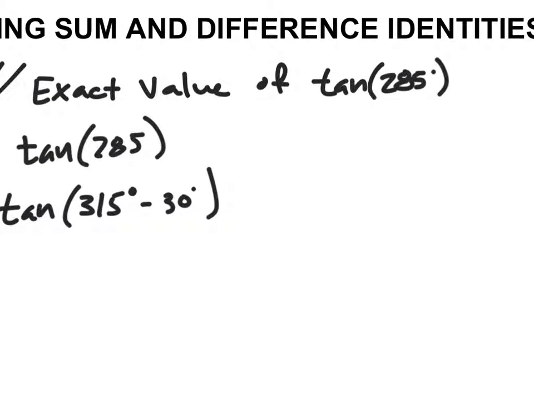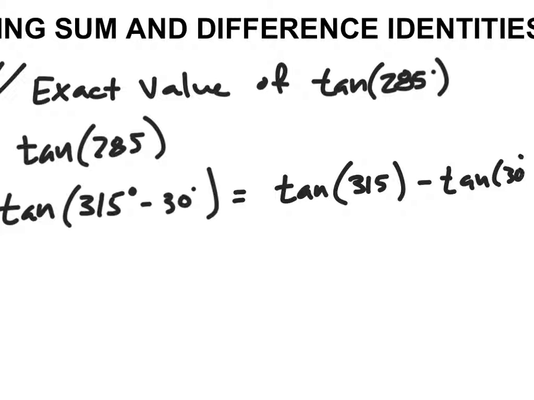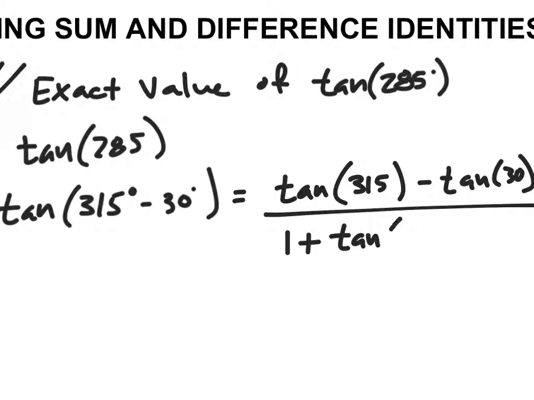Now that we have those values, let's do tangent of 315 minus tangent of 30 over 1 plus tangent of 315 times tangent of 30.